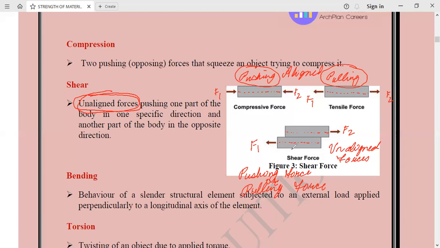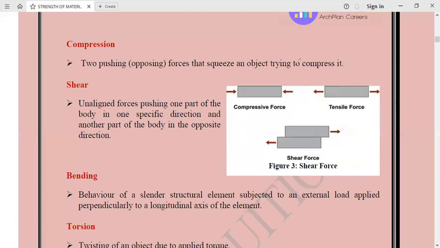And what will happen in shear force? The forces will try to make one part of the body slide over another part of the body. In the original condition, the body will have a shape like this.